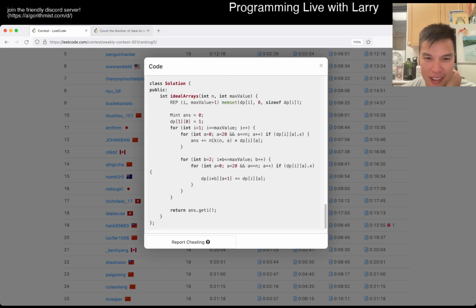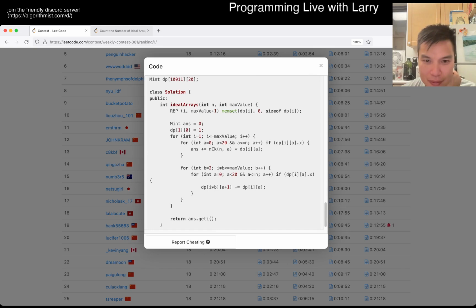Yeah, this looks like a very short solution. Why is this fast enough? Why is max value squared fast enough, right? I think that's the problem that I don't know.